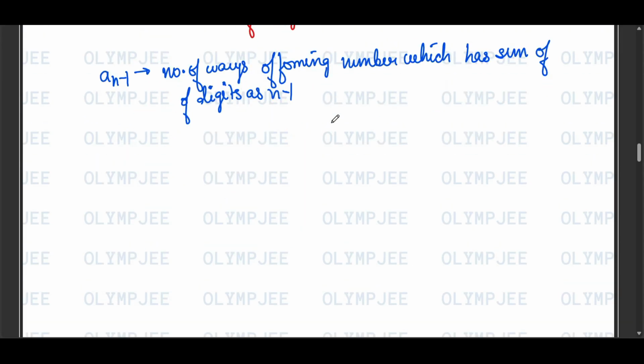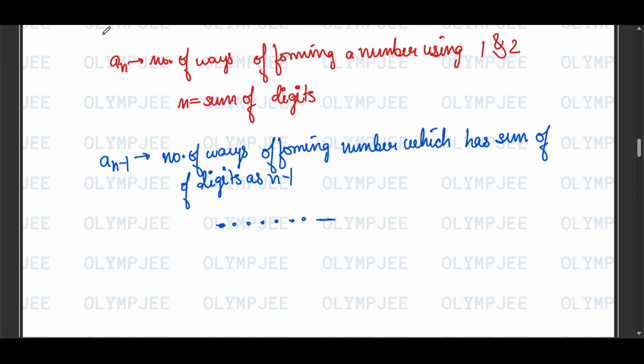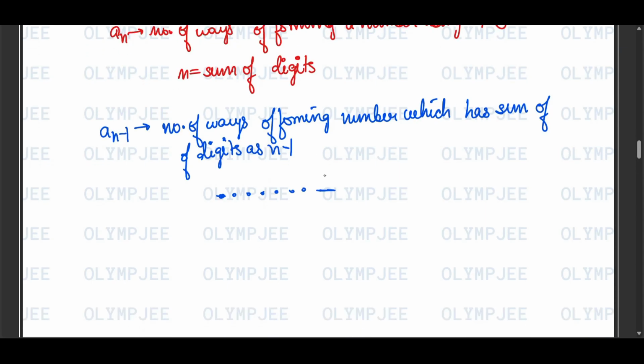So assume that this is a random number and the last digit, if it is 1, then it will form the number which has sum of digits as n, and it has only one possibility, 1, right?